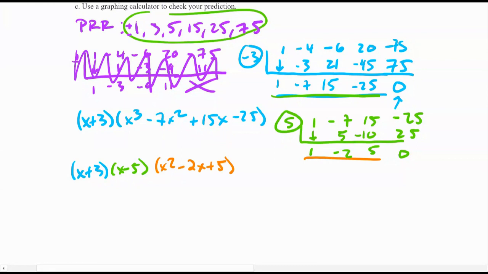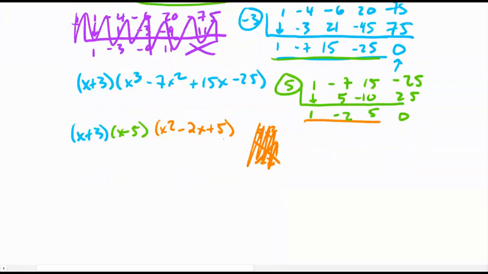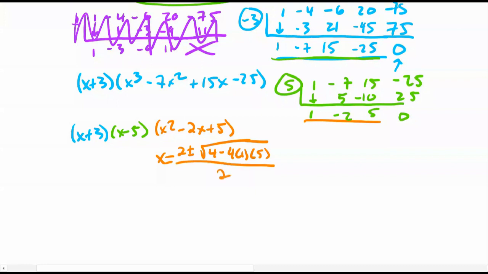Now I'm going to try to factor and see if it comes out nice and easy. If I try to factor, what two things multiply to 5x squared and add to -2x? That doesn't really work. So I am going to use the quadratic formula to solve for my last two solutions. So x equals -b plus or minus the square root of b squared minus 4ac, all over 2a.